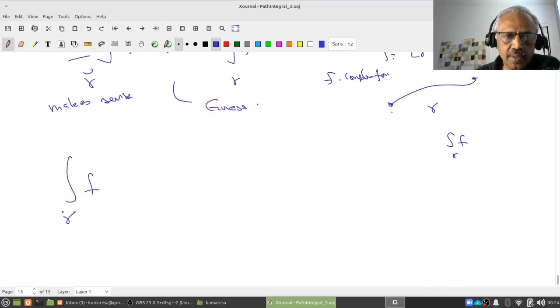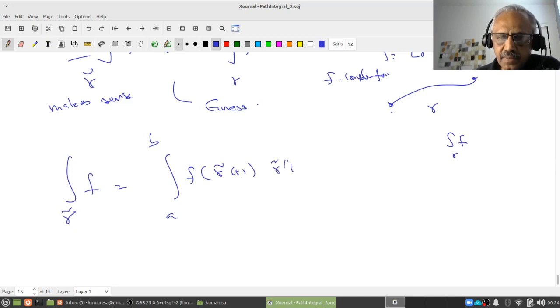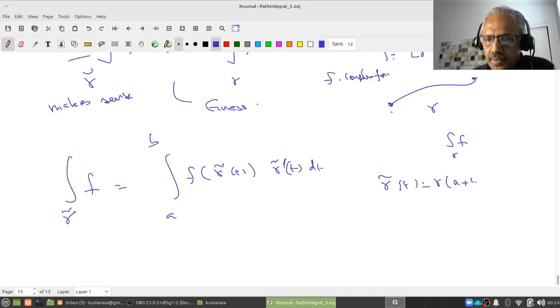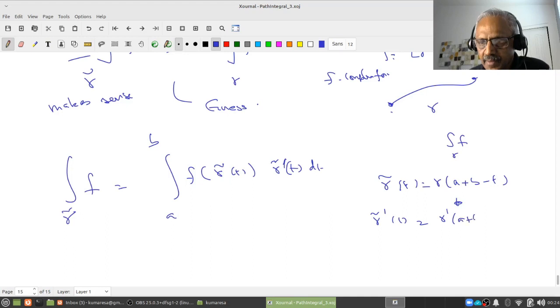Integral f over gamma tilde is integral a to b f of gamma tilde of t and gamma tilde prime of t dt. Right? Now gamma tilde of t is gamma of a plus b minus t, and this is a combination of two maps as I said. Therefore gamma tilde prime of t is gamma prime at a plus b minus t into the derivative of a plus b minus t, which is minus 1.